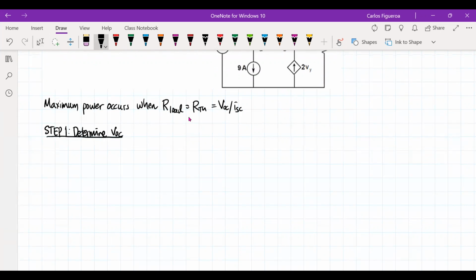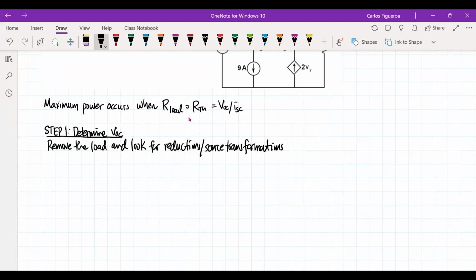So the first thing I'm going to do is remove the load and look for reductions and source transformations. When I look at the circuit, I see that in this case there are none.